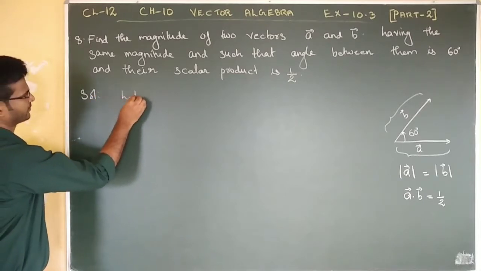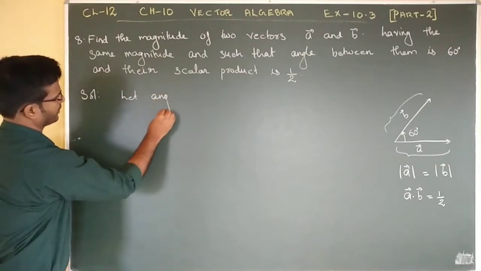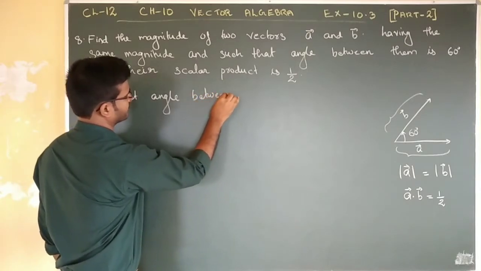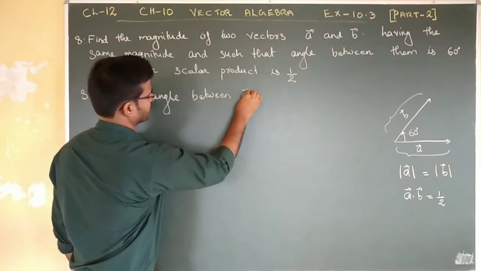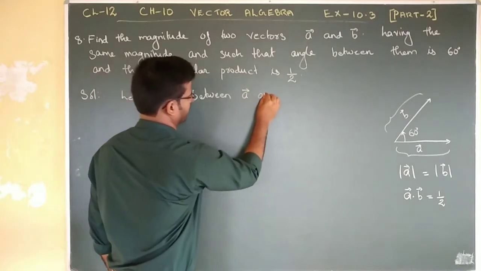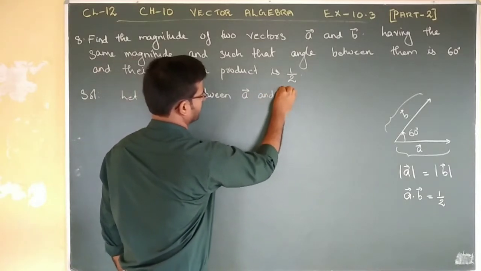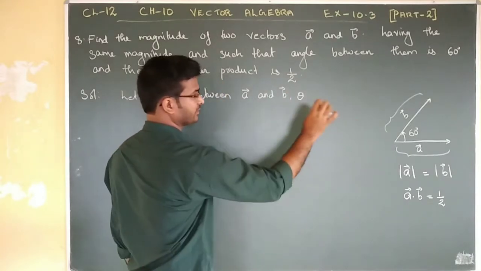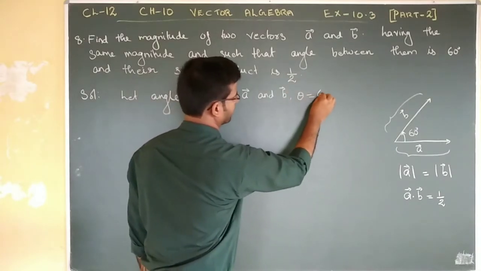Let the angle between A vector and B vector be theta. Theta is 60 degrees.